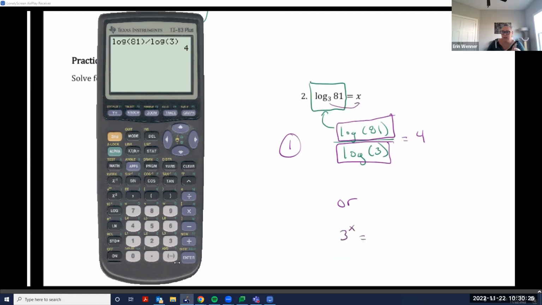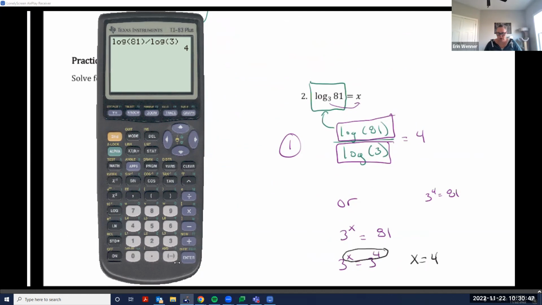Well, 81 we can represent as powers of 3. 3 to the 4th power equals 81. So if I replace 81 with 3 to the 4th, the only way that this relationship could be true is if x equals 4.